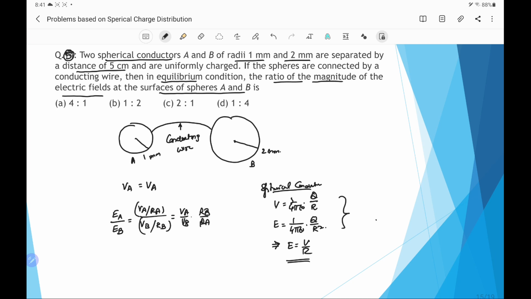We have already told that under equilibrium condition, VA equals VB, so these two cancel out. So EA by EB equals RB by RA, and RB is given 2 millimeter and RA is given 1 millimeter. So the ratio of EA by EB is 2:1. Hence option C is the correct option.